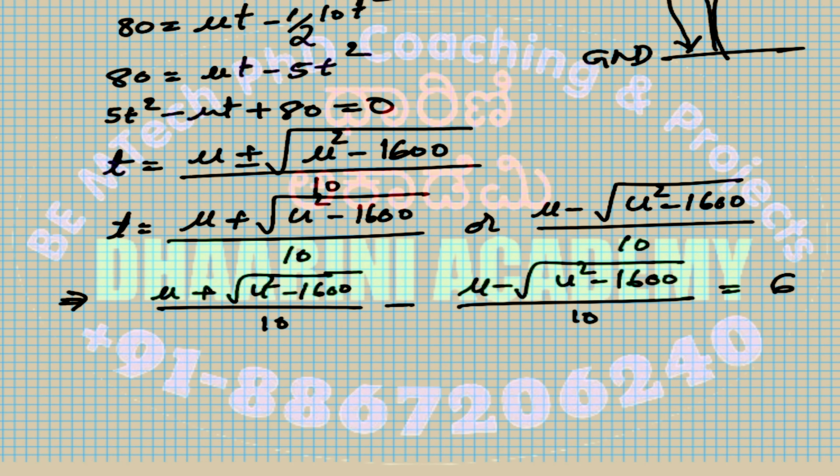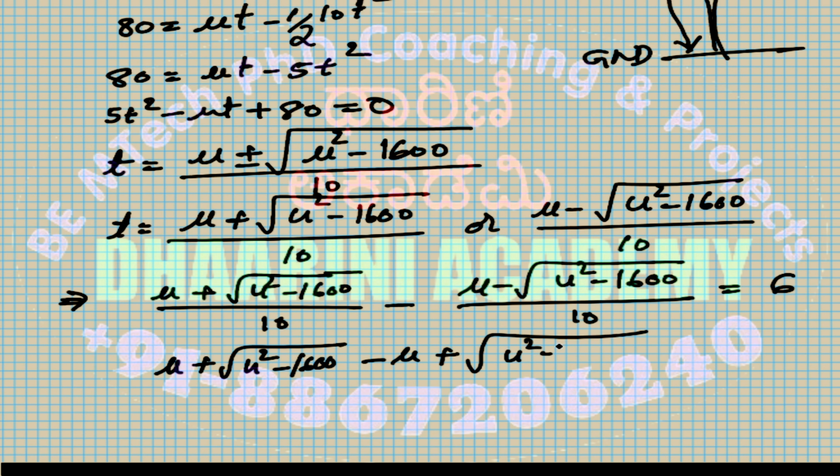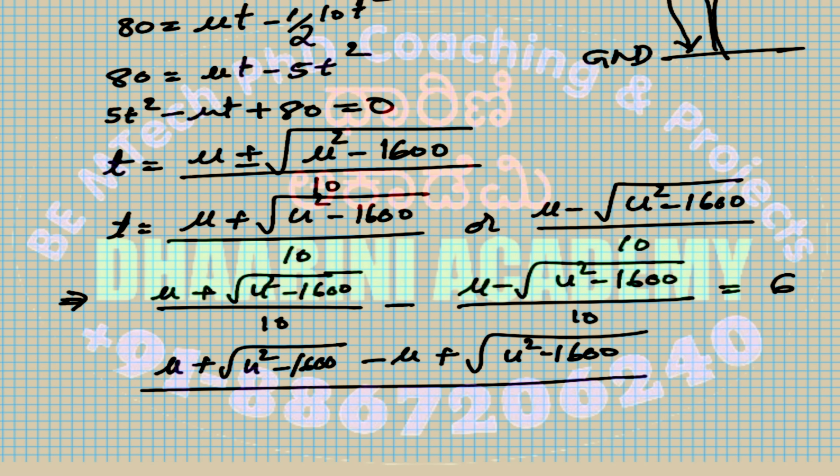Now let us try to calculate this. This is the common denominator, so I can simply write u plus root of u square minus 1600 minus u, minus of minus is plus, root of u square minus 1600 equal to 60.